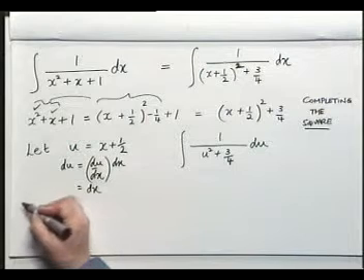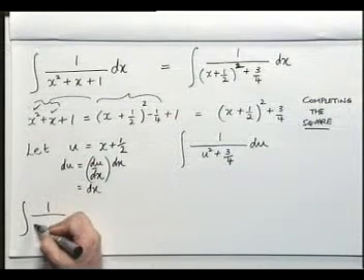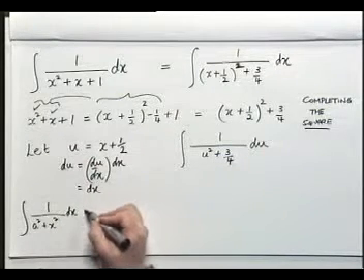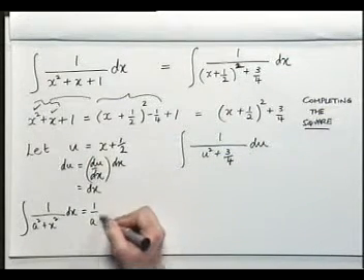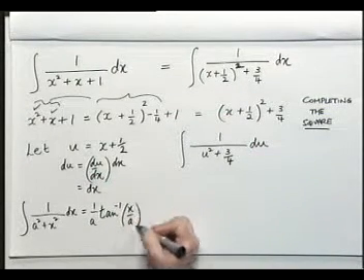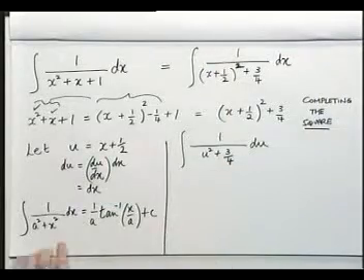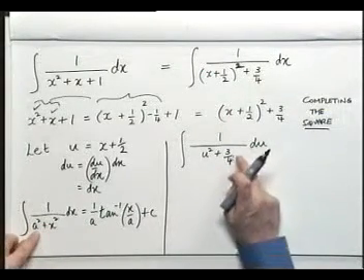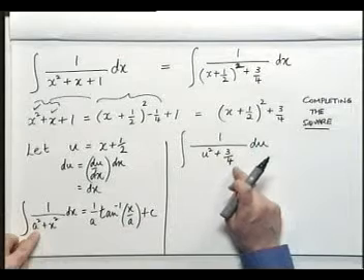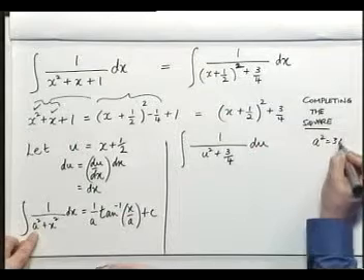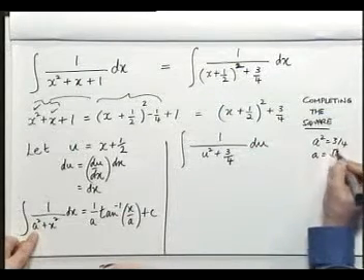There's a standard result which says that if you want to integrate 1 over a squared plus x squared with respect to x, that's equal to 1 over a inverse tangent, that's tan to the minus 1, of x over a plus a constant. Now, we'll use that result to write the answer down to this integral, because this is one of these where a squared is 3/4, so a is the square root of 3 divided by 2.